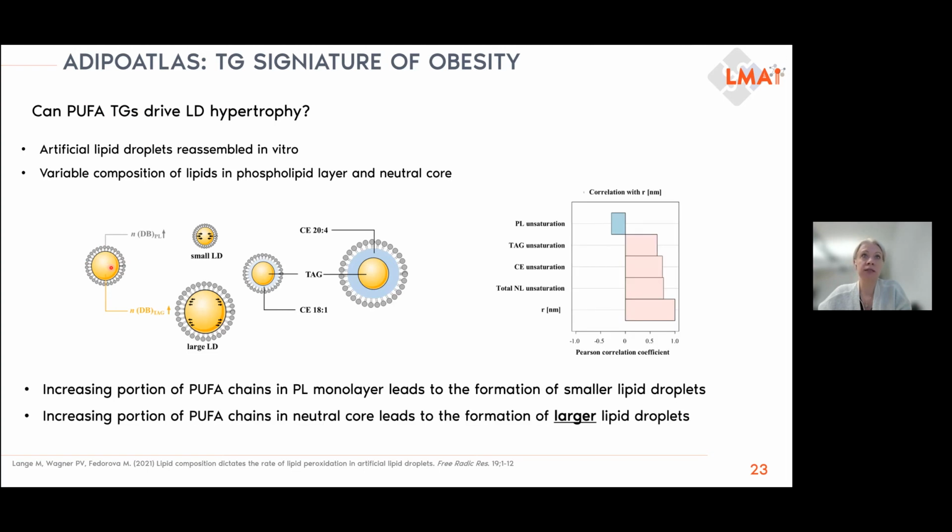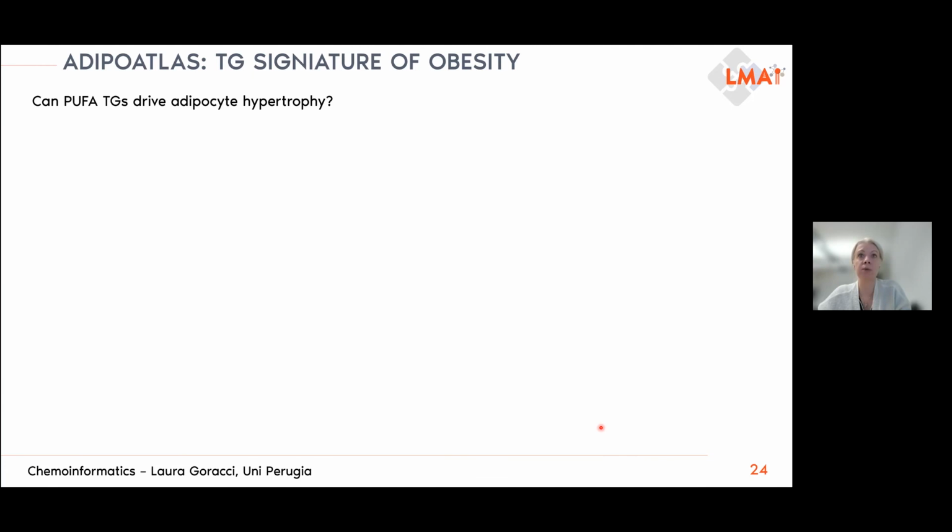And what we could see is that by increasing the proportion of PUFAs in the phospholipid monolayer, lipid droplets actually become smaller. But if we increase the proportion of PUFA acyl chains in the triacylglyceride, in the neutral core, those droplets become larger. So in this, at least in vitro, experiment, we can see a clear correlation: increasing the proportion of PUFA acyl chains in TGs drives lipid droplets to become bigger.